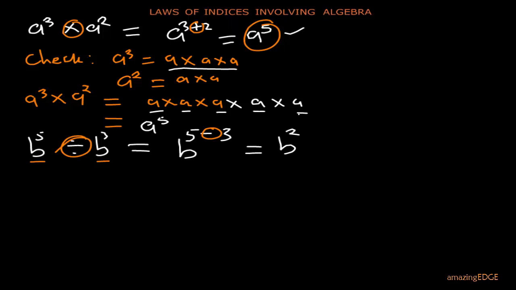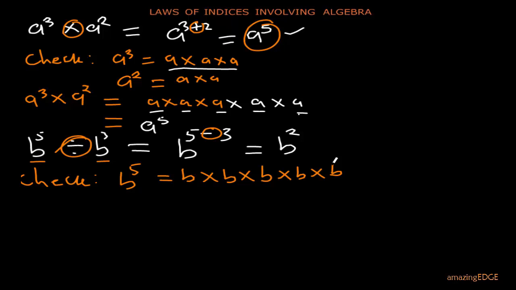So as we did in the previous example, I might decide to do a check to see that this is true. So how do we do that? We recall that b raised to power 5 is the same thing as b times b times b times b times b. Then b raised to power 3, or b cubed, is the same thing as multiplying b by itself 3 times, so this is repeated multiplication of b by itself, b times b times b.